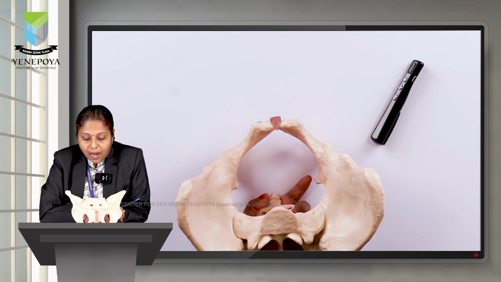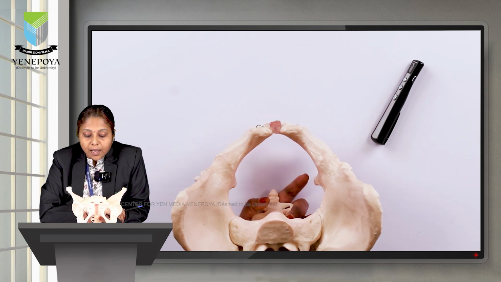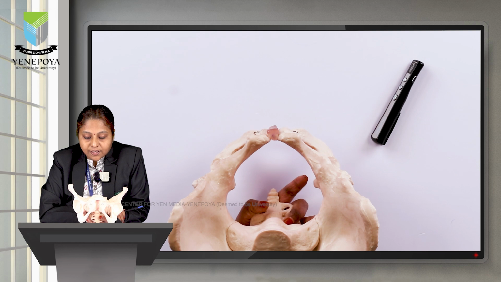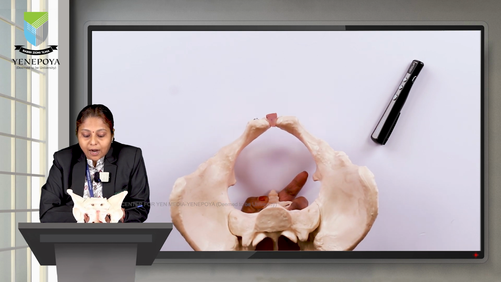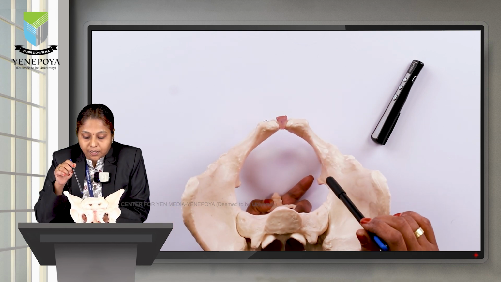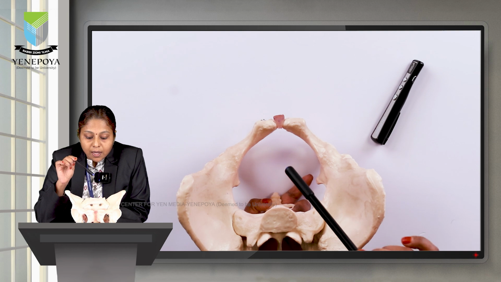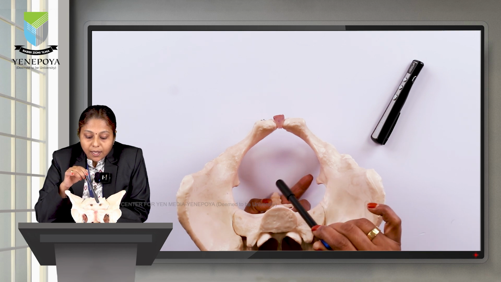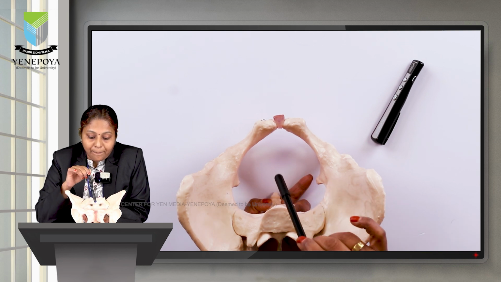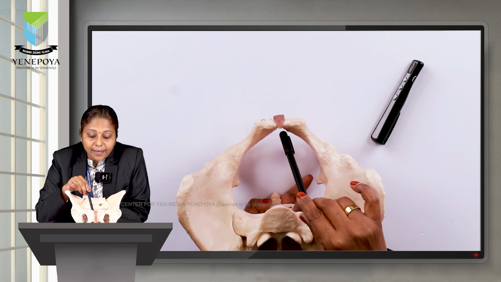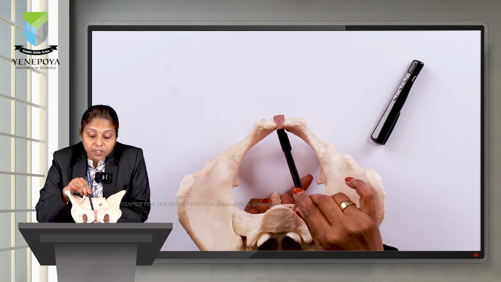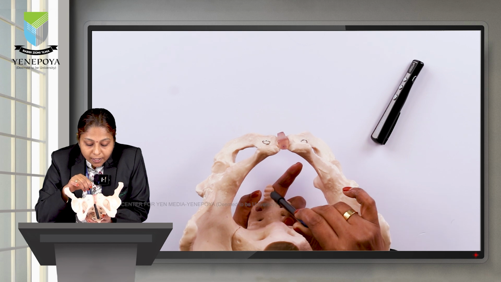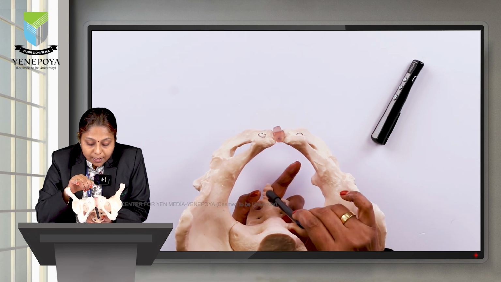The pelvic outlet. The pelvic outlet is divided into the anatomical outlet and the obstetrical outlet. Coming to the diameters, the anteroposterior diameter extends from the lower border of the symphysis pubis to the sacrococcygeal joint.